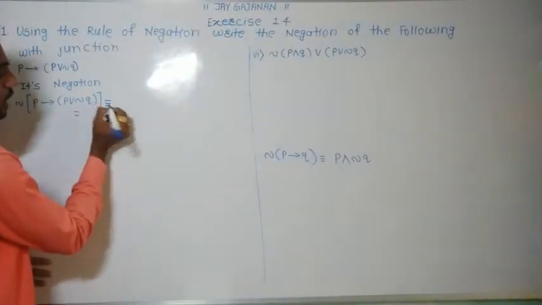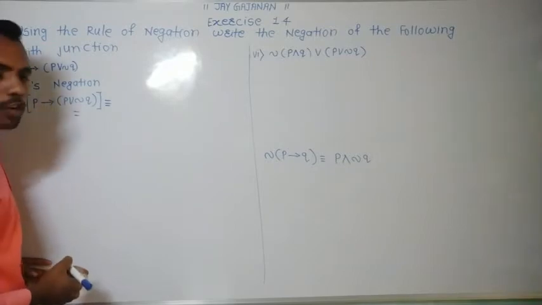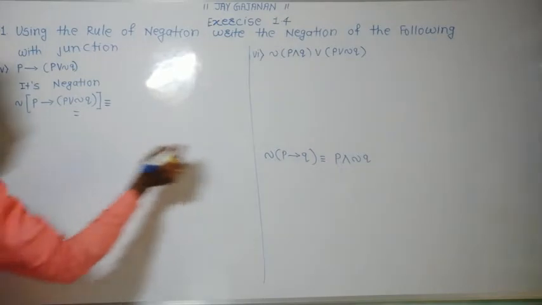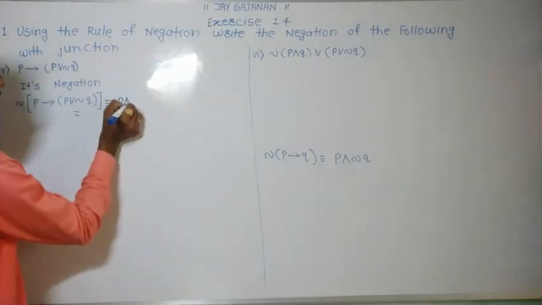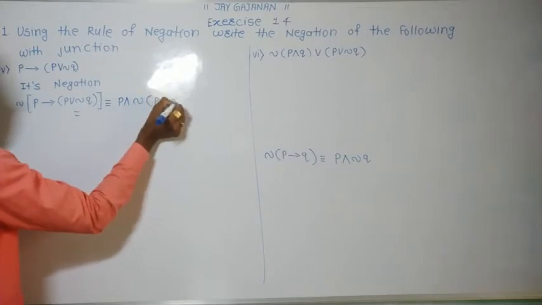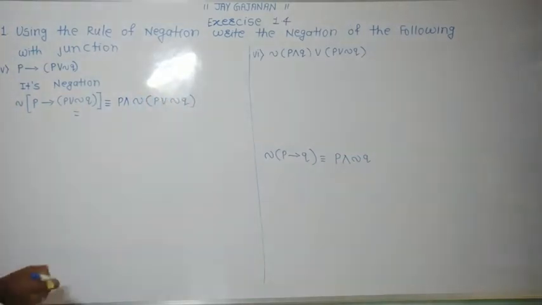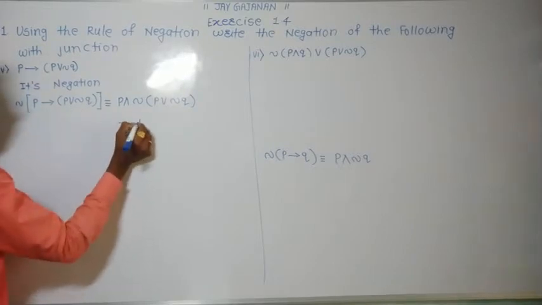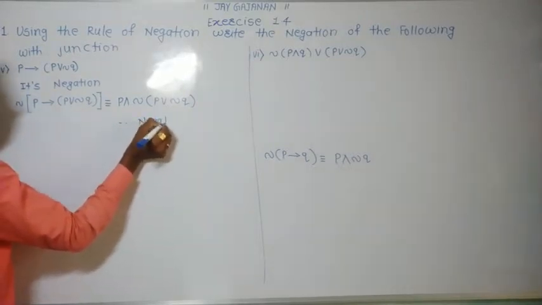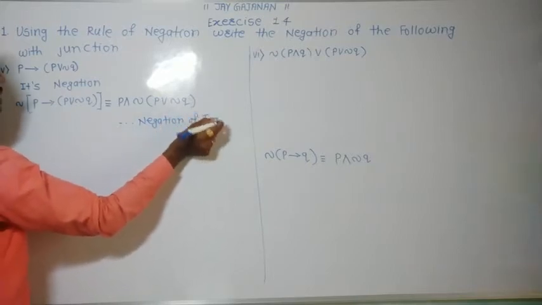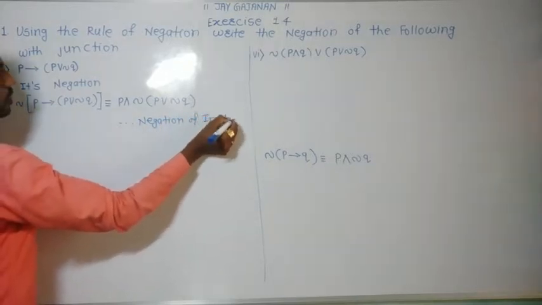If we apply the negation of implication, then we will get P and negation of the bracket, P or negation Q. Negation of implication, or in other words, negation of conditional.